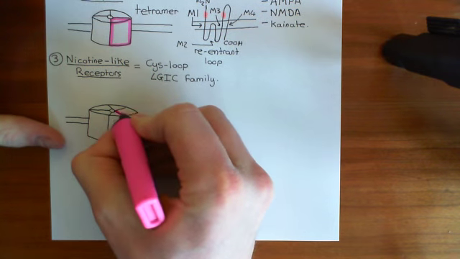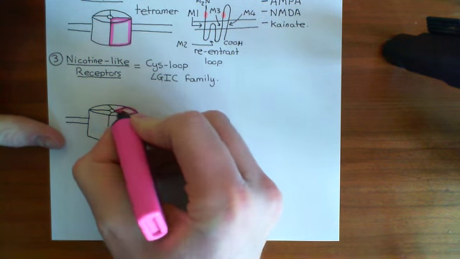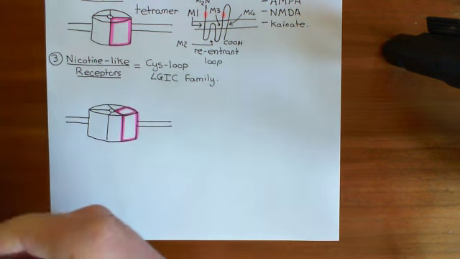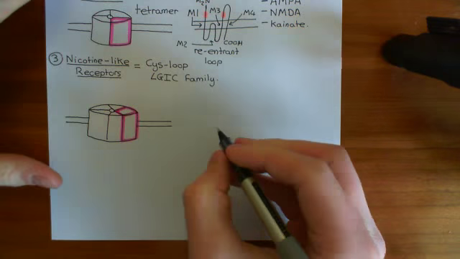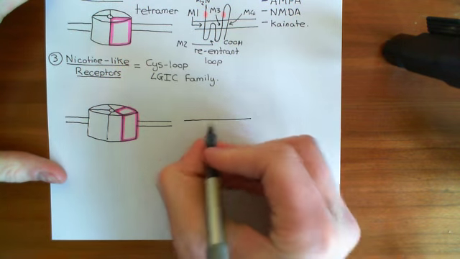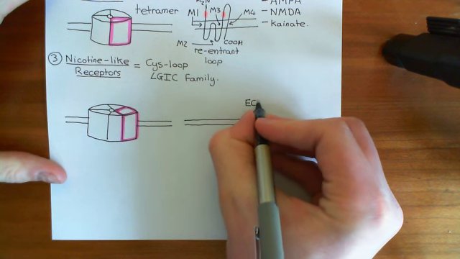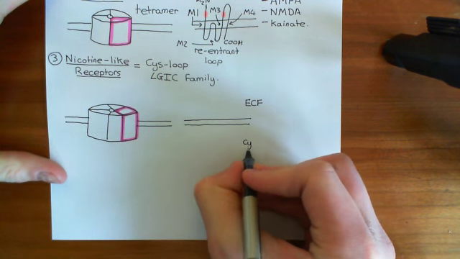Now, same protocol, let's pull out a single one of these proteins, the one that I'm highlighting in pink here, and let's have a look at its membrane-spanning topology. Again, here's our membrane. This is the extracellular fluid side, and this is the cytoplasmic side.